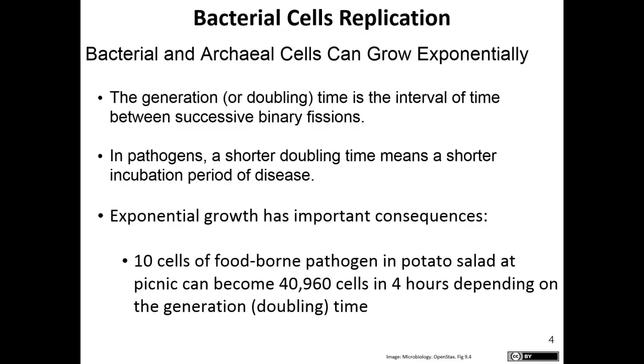And so you might have 10 cells that were in that potato salad initially. And if the cells are able to grow within a 4-hour period, you can change from 10 cells to 40,000 cells or more, depending on how fast the doubling time is.